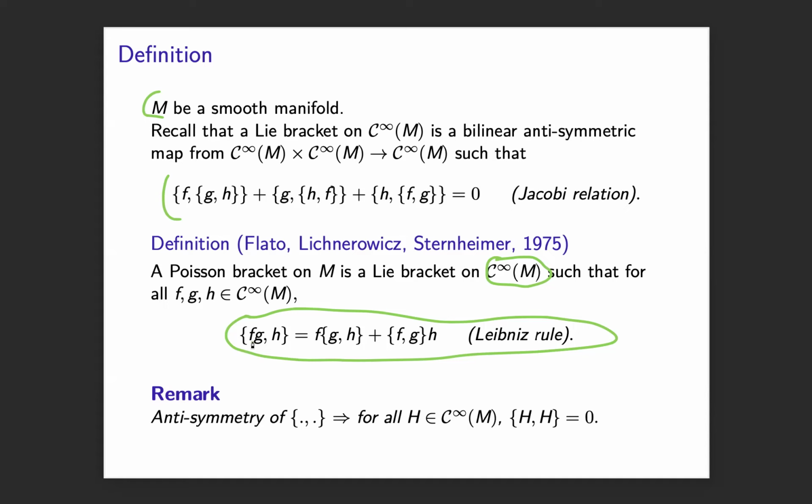The product between F and G here is the pointwise product of smooth functions. The definition of a Poisson bracket has a compatibility condition between the product and the bracket. So we can make a first remark. The first remark is that for all H in C infinity of M, the bracket of H with H is equal to 0 because the bracket is antisymmetric.